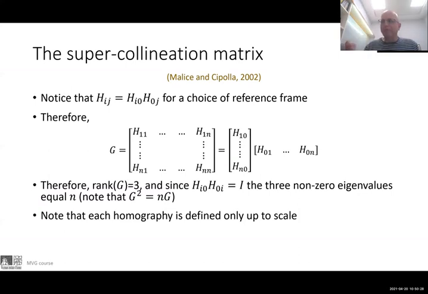Now I have a homography between image 1 and 2, and I repeat that for every pair of images. Maybe for all of the pairs I managed to find homographies, maybe for some of the pairs I have missing data. I don't know the homographies. Next, I place all the homographies in this matrix G, and I clean it. How do I clean it? I project it to be rank 3 using SVD.